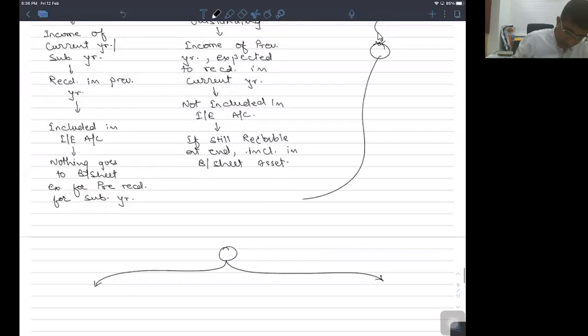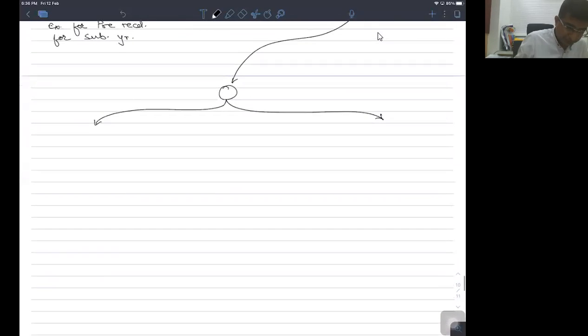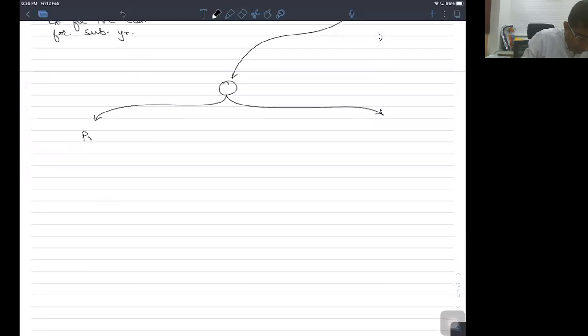जो यहां से यहां जुड़ा है. Pre-received and receivable.